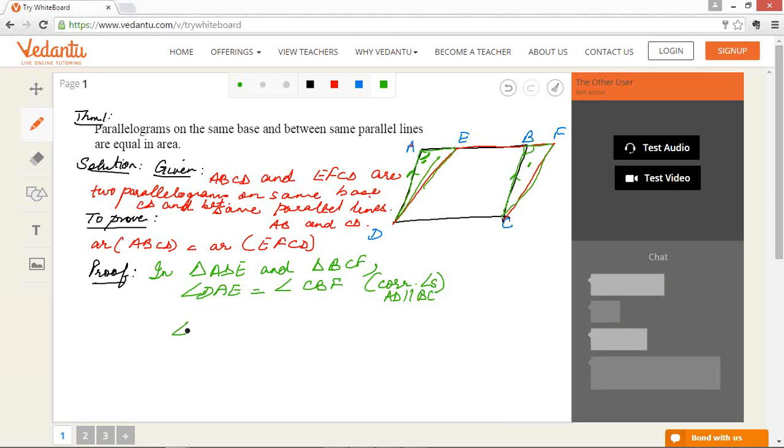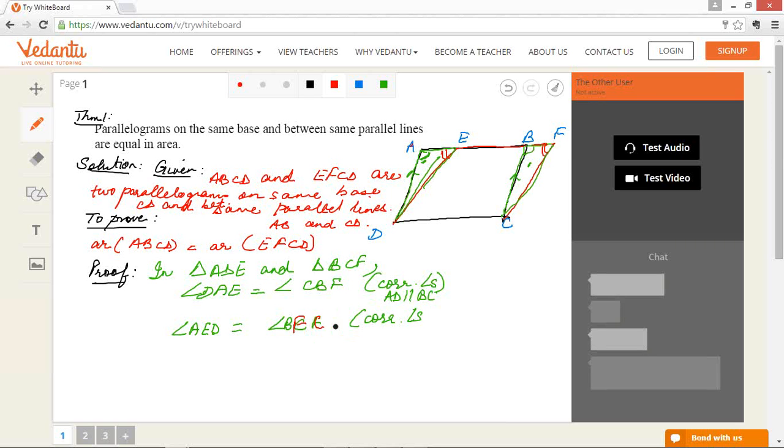And then similarly, we will write angle AED is equal to angle BFC. Again the same reason, corresponding angles. So AED, I'll mark with red, is equal to BFC.